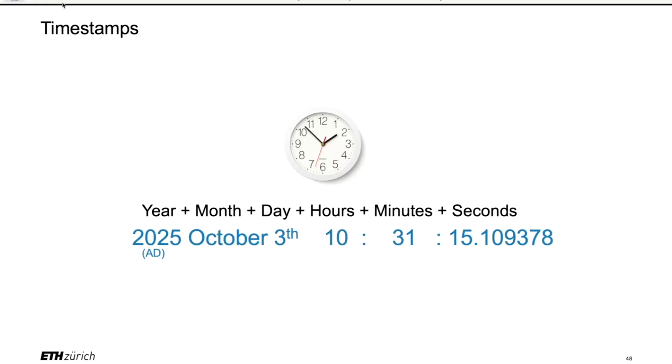And then again, if you think of it, what is a timestamp? It's again just a number, right? So typically, one way that is handled is that you take January 1st, 1970 as the reference date, and then you could store it as the number of milliseconds that have elapsed since January 1st, 1970, right? This is something that is commonly done.